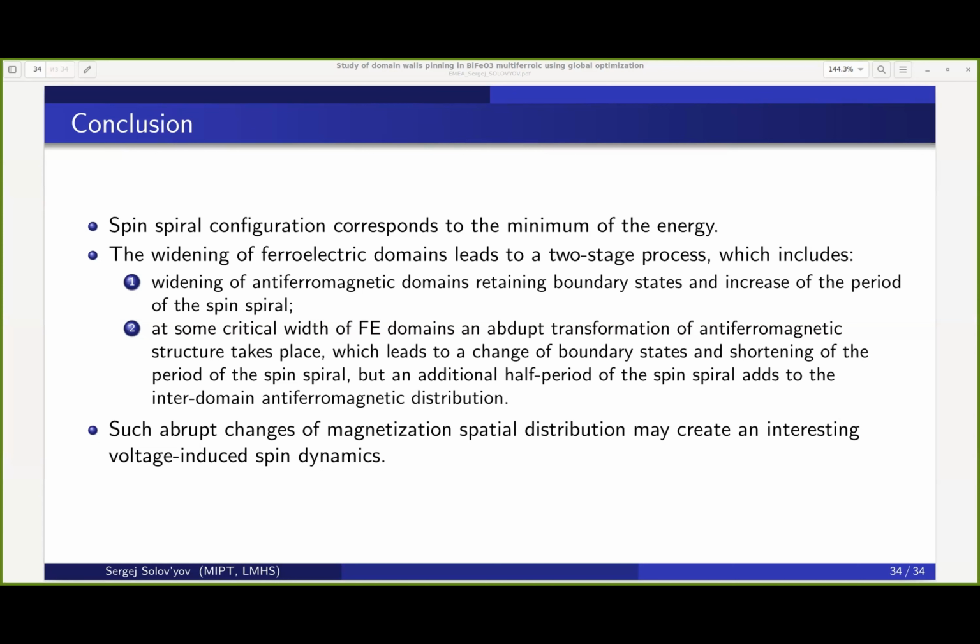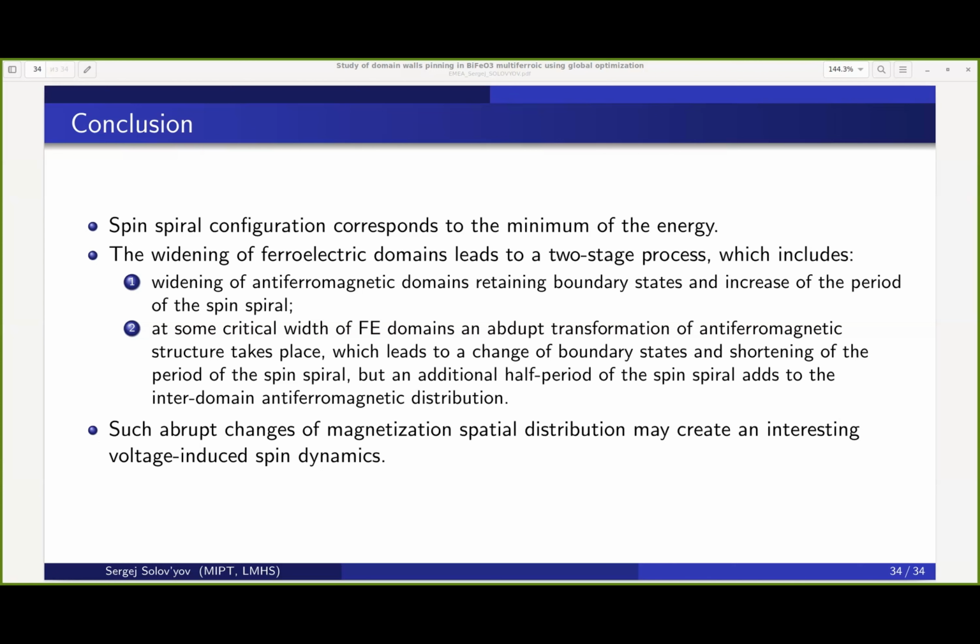Well, there are a few techniques for measurements. The first technique is piezoresponse force microscopy, which allows us to measure ferroelectric domain patterns of films. The second technique is magnetic force microscopy, which works when a ferromagnetic layer is deposited on top of the antiferromagnetic multiferroic.